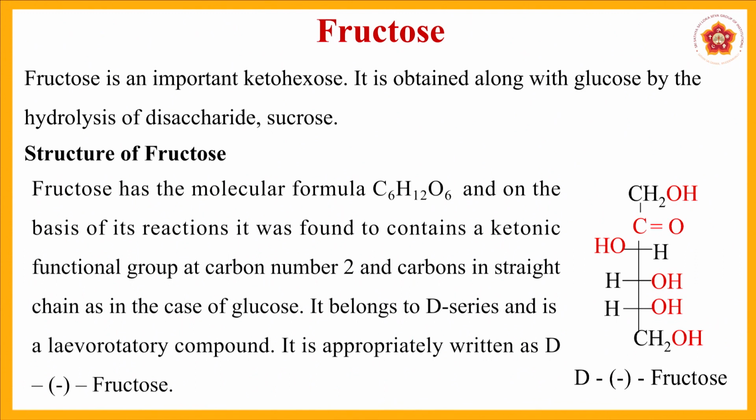Fructose has the molecular formula C6H12O6, same as glucose, and on the basis of its reactions it was found to contain a ketonic functional group at carbon number 2, and carbons in a straight chain as in glucose. It belongs to the D series and is a laevorotatory compound, and it is appropriately written as D minus fructose.